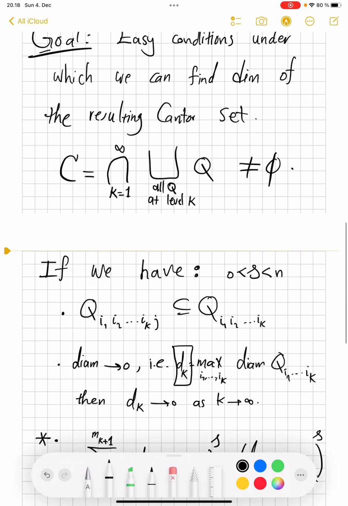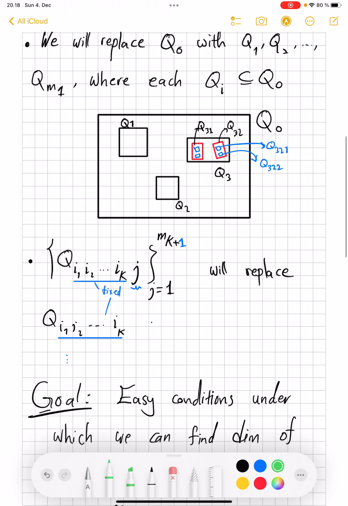So what happens in the picture is that if you take a ball at the level of reds, this is probably a comparable diameter.